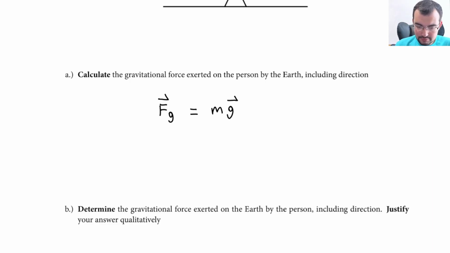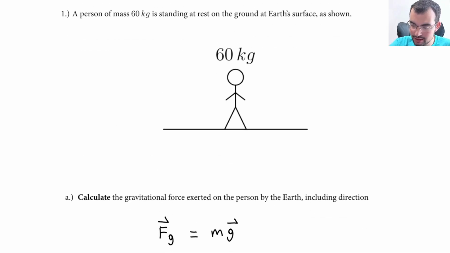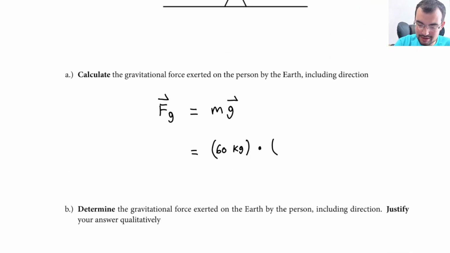So, we said that the person has a mass of 60 kilograms, and I'll write it out with units just to show sort of what g actually means. And remember, the gravitational field strength near Earth's surface is just a constant. So we're saying that there's a constant gravitational field of 10 newtons per kilogram downwards, which is the same as 10 meters per second squared, but it's nice to write this as 10 newtons per kilogram.